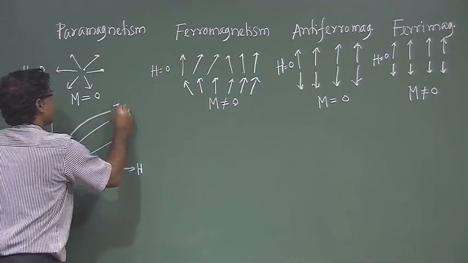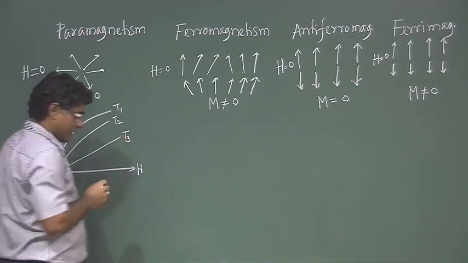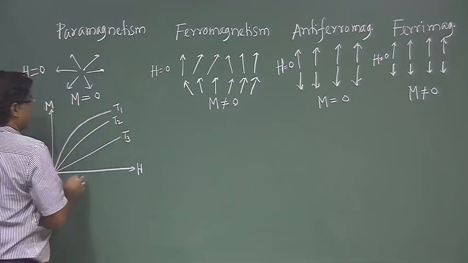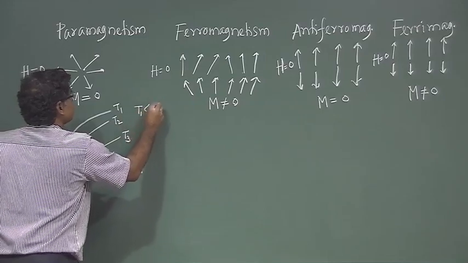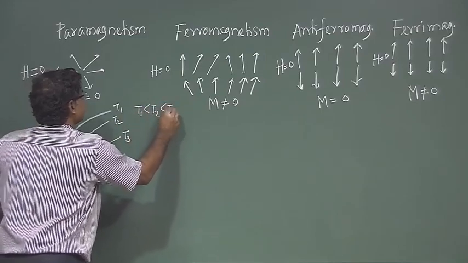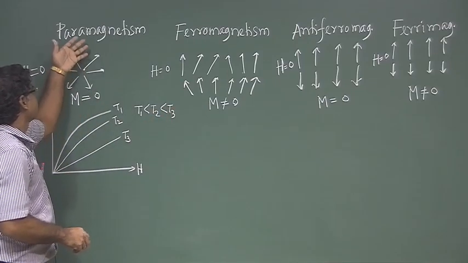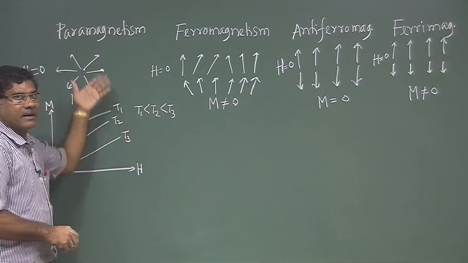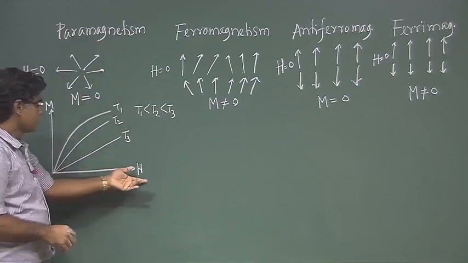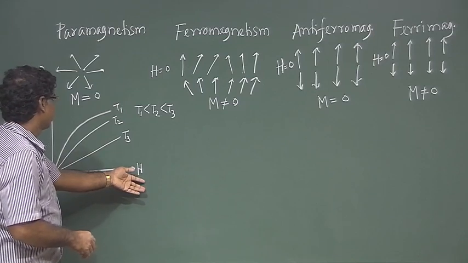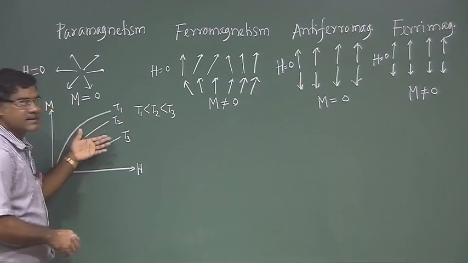Say this is T1, this is T2, this is T3, where T1 is less than T2 is less than T3. In case of paramagnetism, magnetization varies as a function of magnetic field at different temperatures like this.